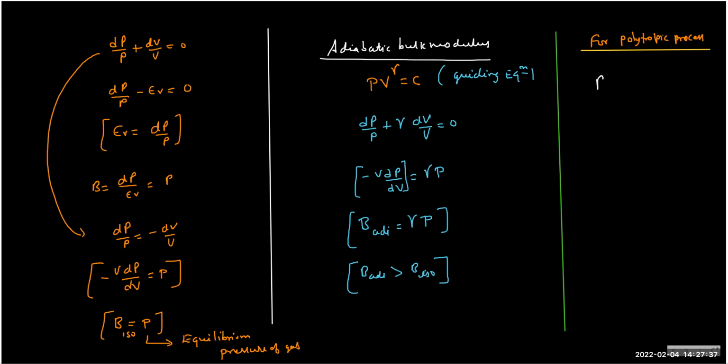So if I write P square equals to V minus alpha, V minus beta by V square, is it a polytropic process? Tell me.